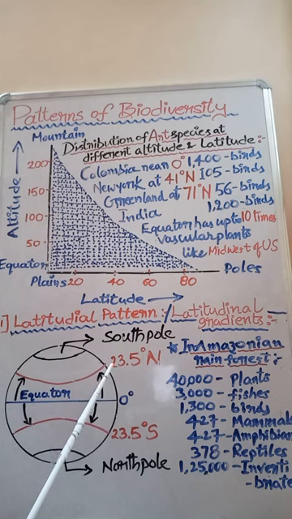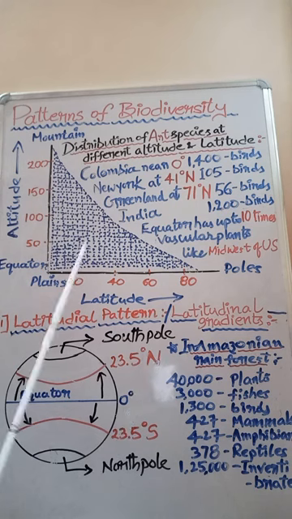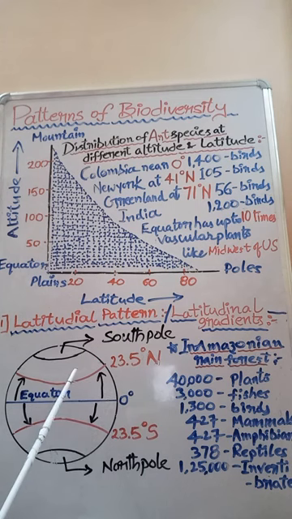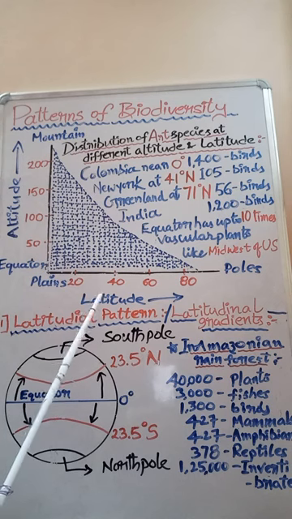So between 23.5 degrees north latitude and 23.5 degrees south latitude, between these two ranges, what may happen? There is more species diversity present compared to temperate and polar areas. So this is the South Pole, this is the North Pole.